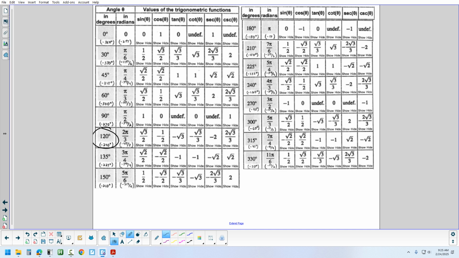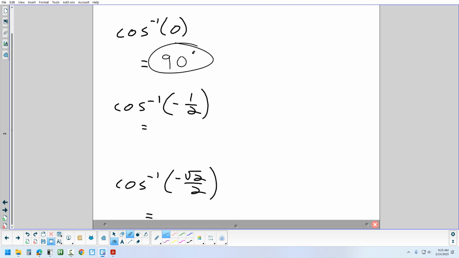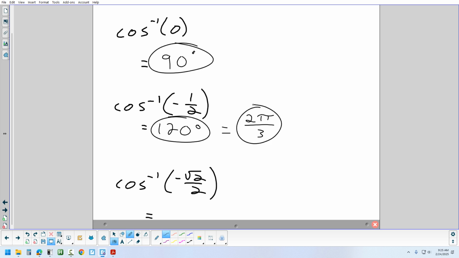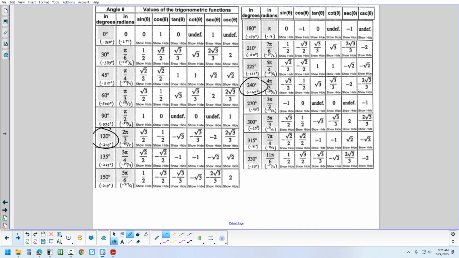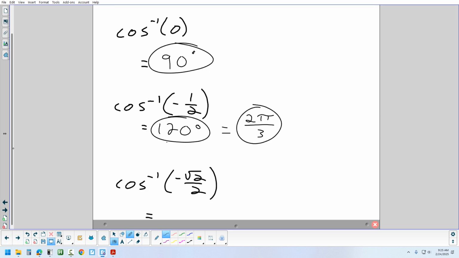So if I see negative 1/2 again anywhere else, it's not going to work, because I already found one that does. You're not going to find a second one that works. So 120 is correct, if they wanted degrees. And if they wanted radians, that's going to be 2 pi over 3. So there's two ways to figure that out. Either convert that, like I just did, or look at the chart and get the answer that way. Okay, so that's the first one.